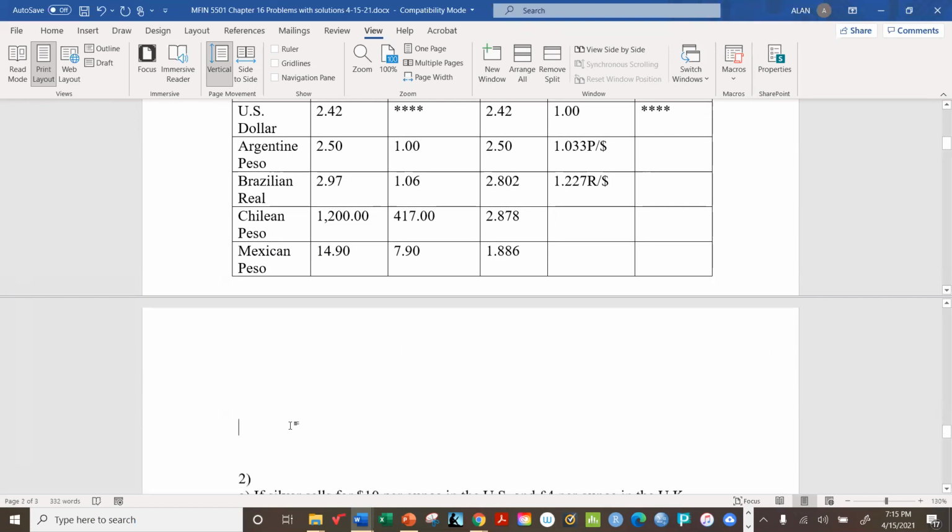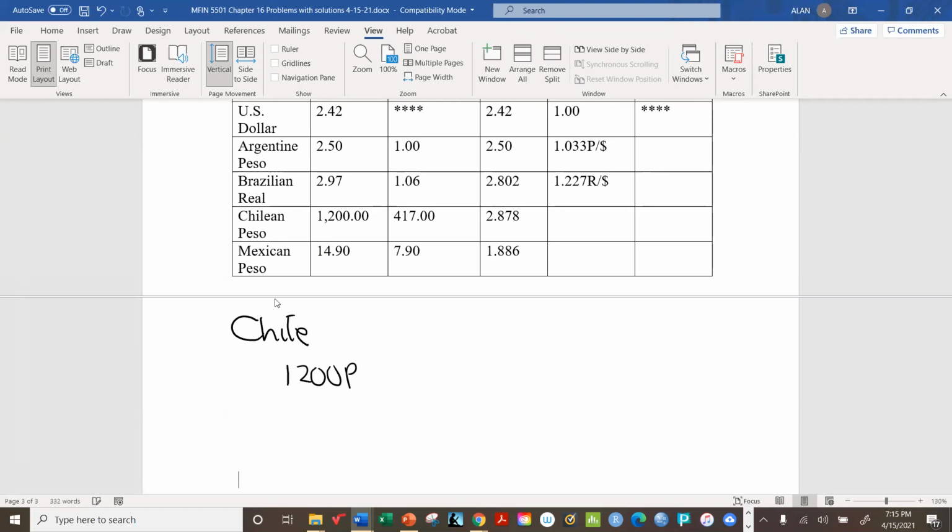And now we go to Chile. So once again, we need the Chilean price of the Big Mac, which is, as you can see, 1,200. We're going to divide that by 2.42 per Mac.